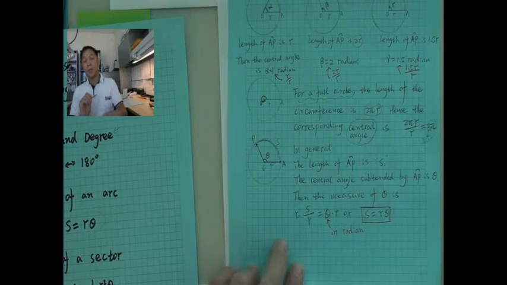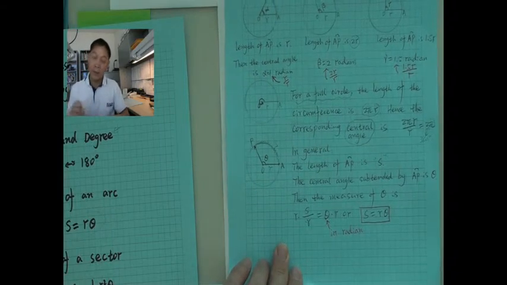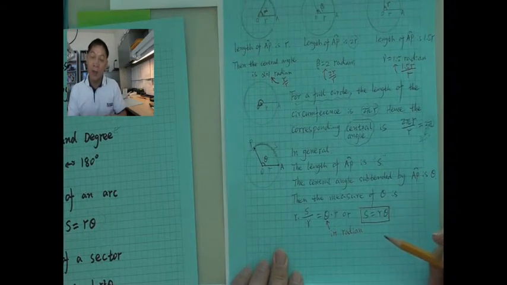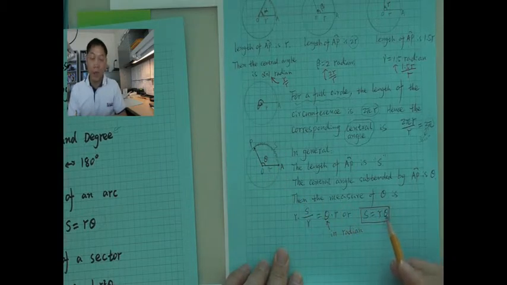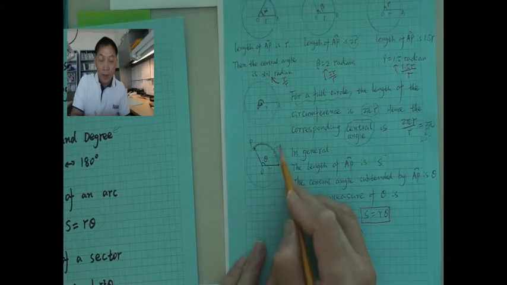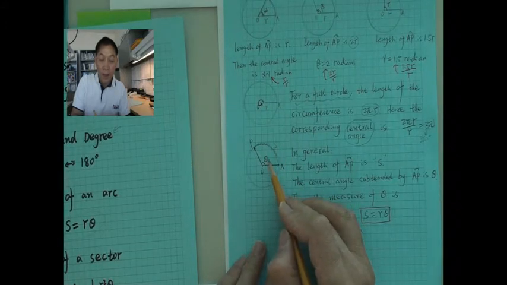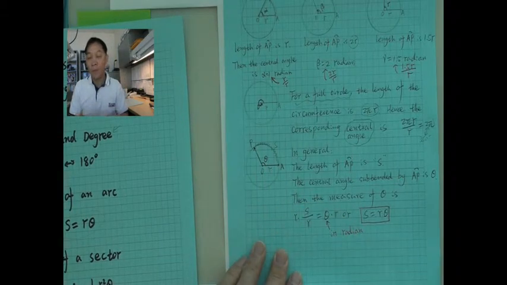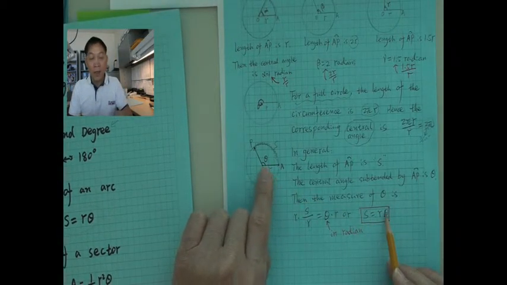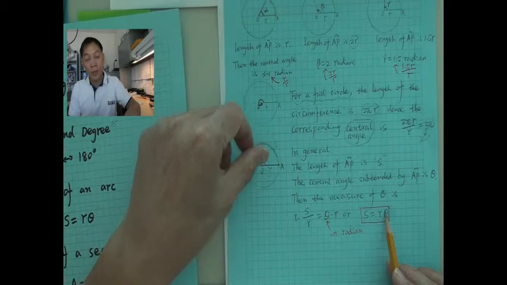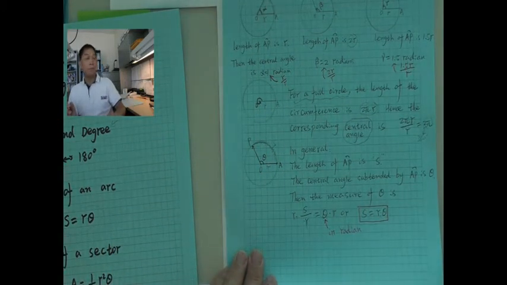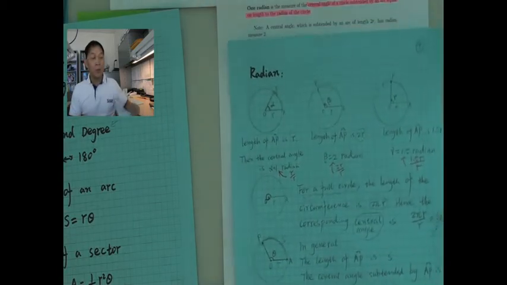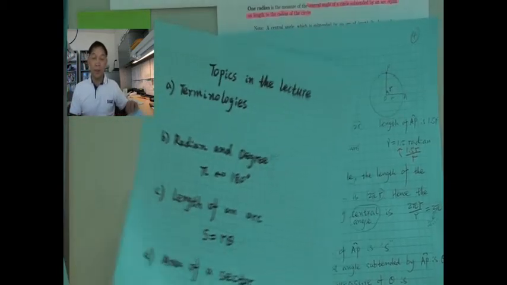It's a very common formula later on in calculus. The length of the arc equals the radius times the angle. So it's S equals theta times R, or R times theta. So S equals theta times R. Okay, that's the formula. All right, that would be the third topic.